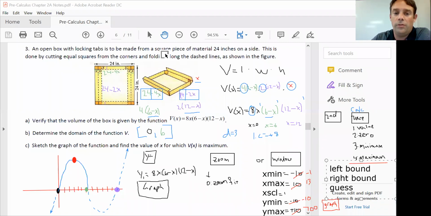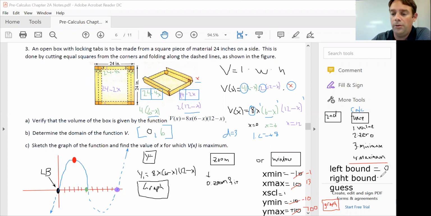Well, the left bound, like we did on the calculator video, you can use your arrows. But if you notice, I know that my left bound, I can't go past this X-intercept, right? So if I know I can't go past that X-intercept, I could actually just type that number in and make that my left bound. So I'm going to do that. I'm just going to say 0 and then press enter.